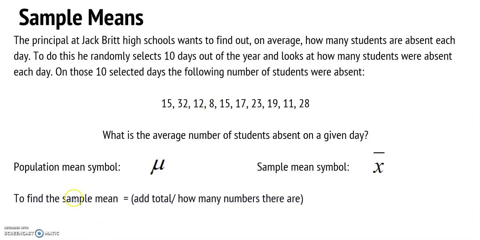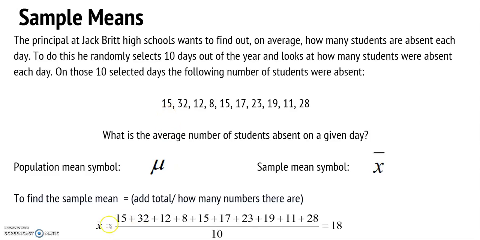So how do we find the sample mean, or x bar? We're going to add to get a total. So we're going to add 15 plus 32 plus 12 and so on, and then divide by how many days. We had 10 days.